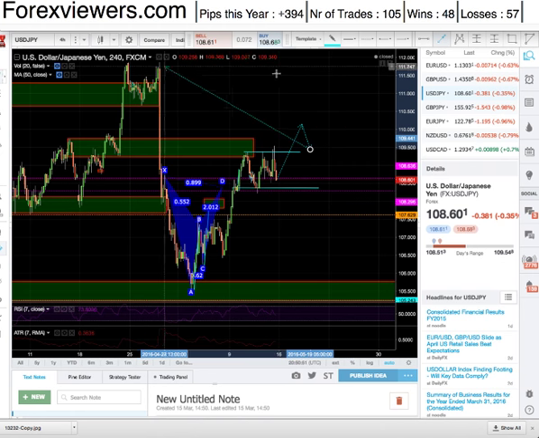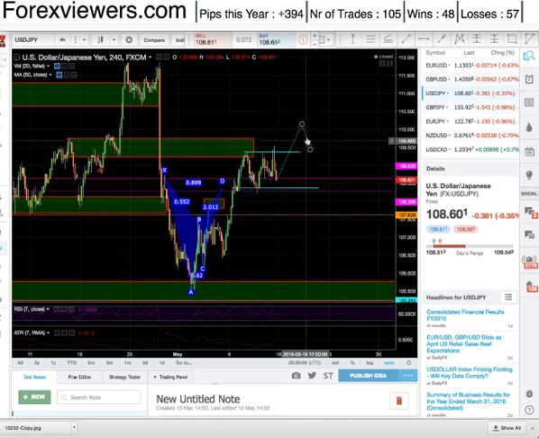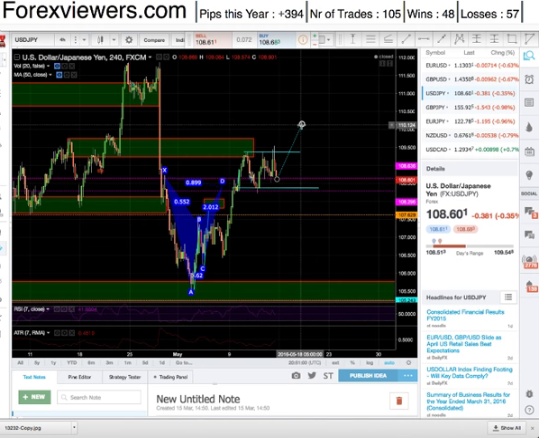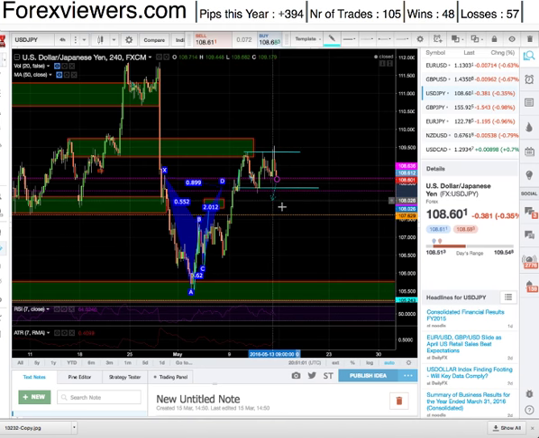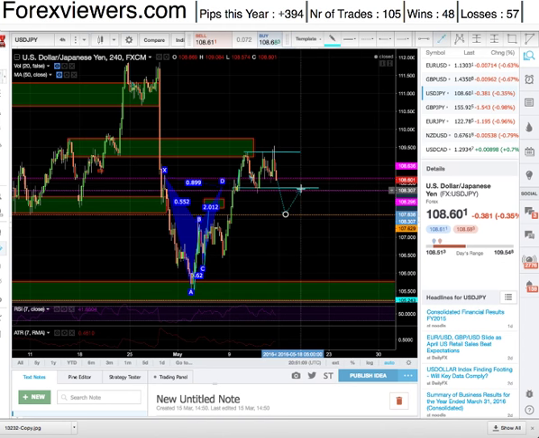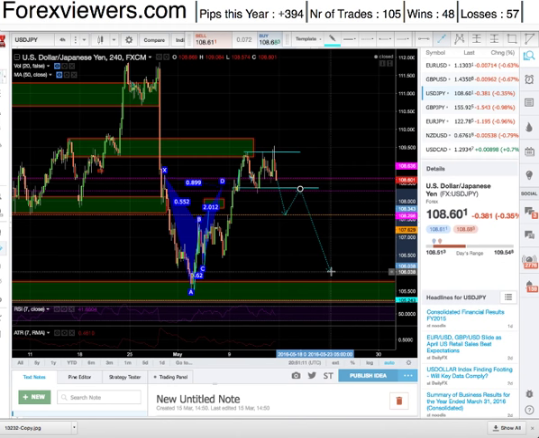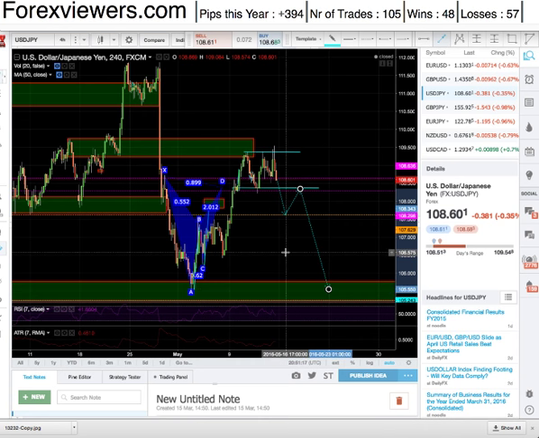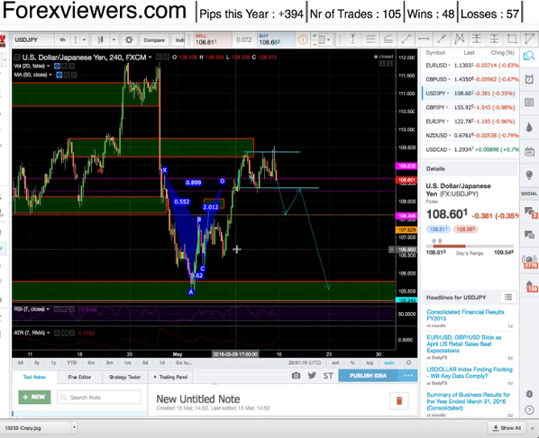Then we will be looking for a short once more. But as well to the downside, if the market continues lower, pushes through this level right here, like so, a pullback and continuation down at least until this level right here. Even this right here is a fair possibility as well.